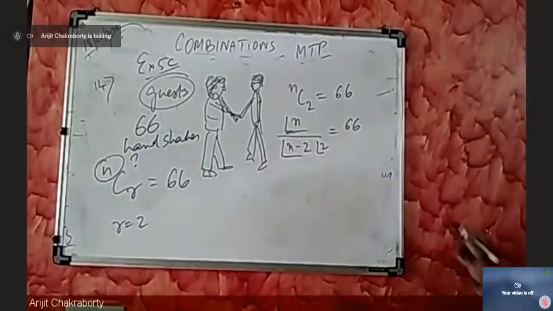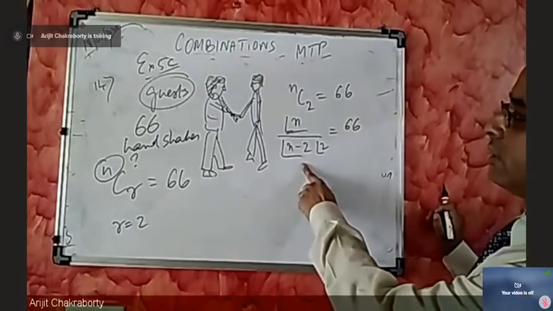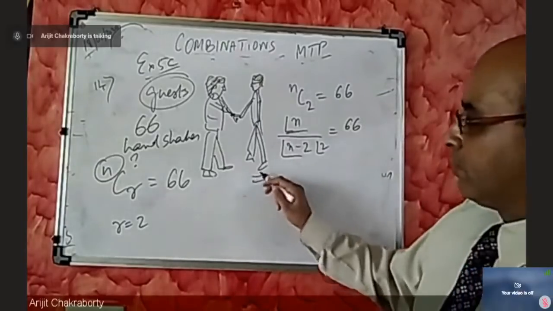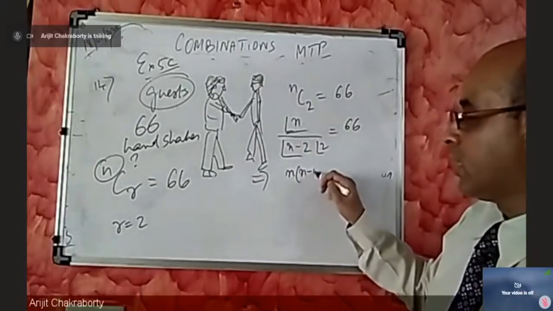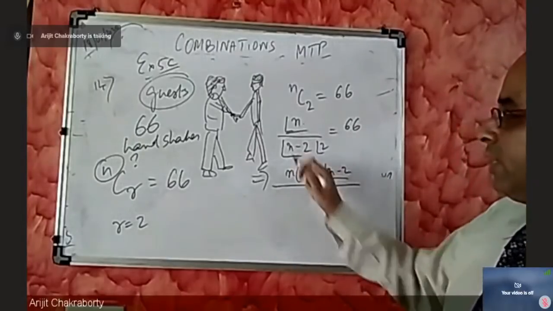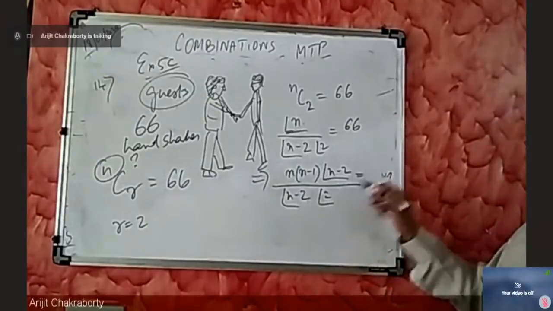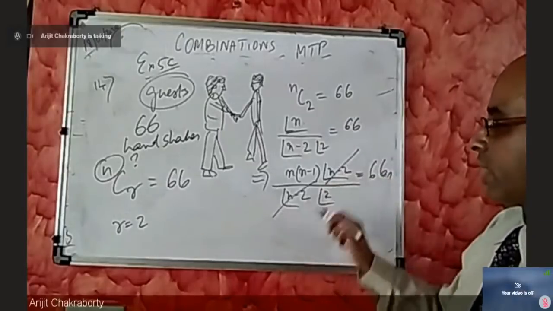So n factorial divided by (n minus 2) factorial into 2 gives you 66. But n factorial can be written as n into (n minus 1) into (n minus 2) factorial, divided by (n minus 2) factorial into 2 factorial. This gives you 66. So (n minus 2) factorial cancels out.